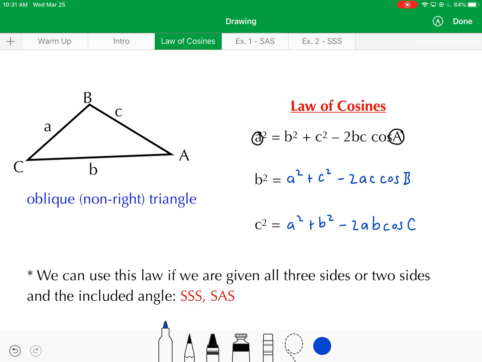And the situations where you're going to be able to use the law of cosines would be in a side-side-side scenario. So when you're given all 3 sides of the triangle and you don't know any of the angles, or in the situation of side-angle-side, where you're given 2 sides and an included angle.